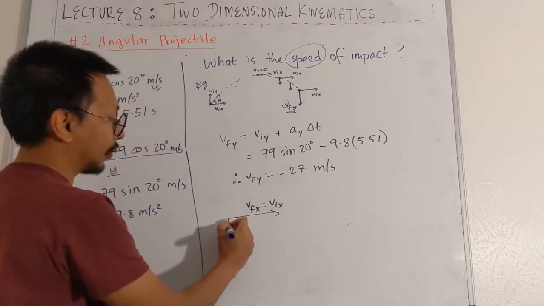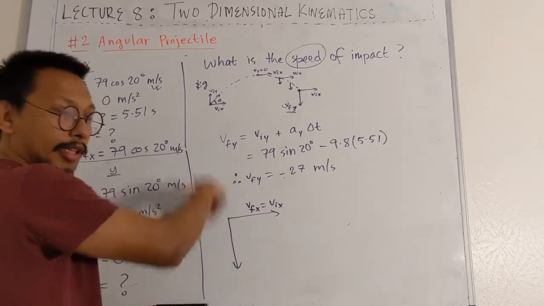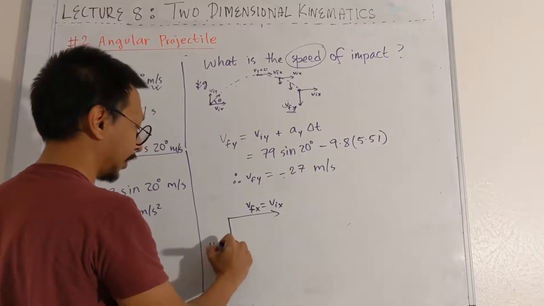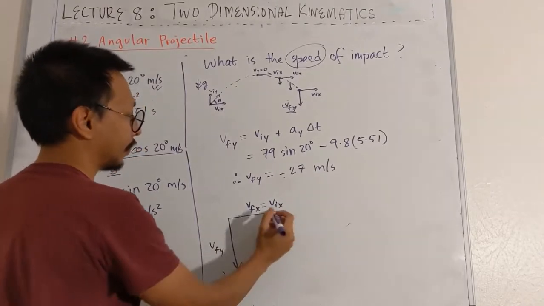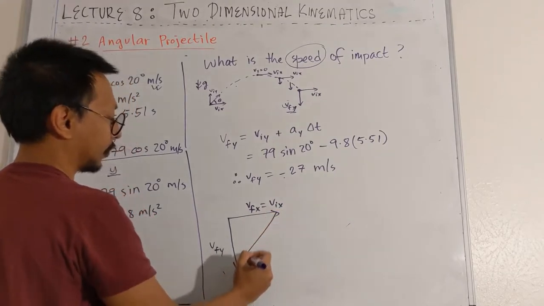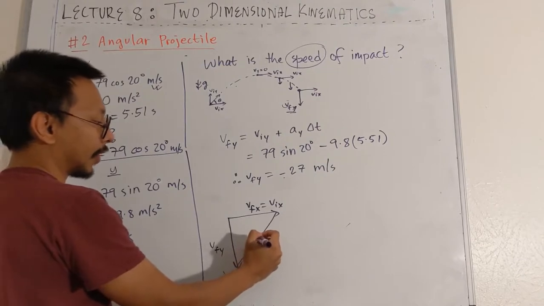And Vfy we just found, and it is negative, meaning that it is moving in the negative y direction. So this is Vfy in the negative direction. The magnitude, the speed, is this vector right here.